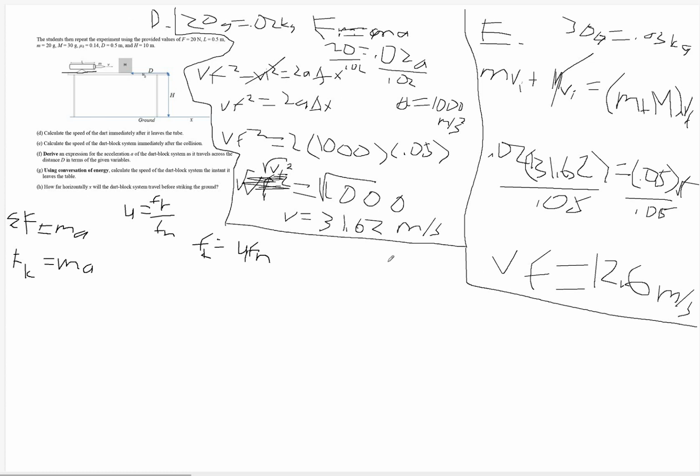There's no other extra force acting downward on the block. Therefore, Fn will equal Fg.